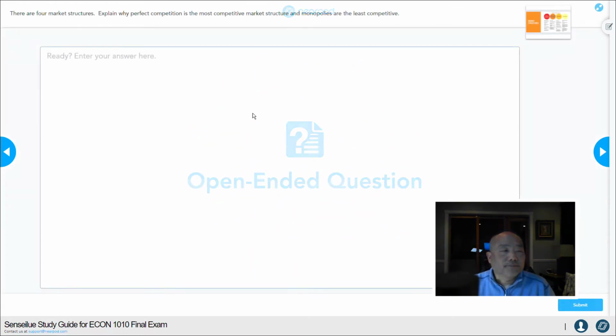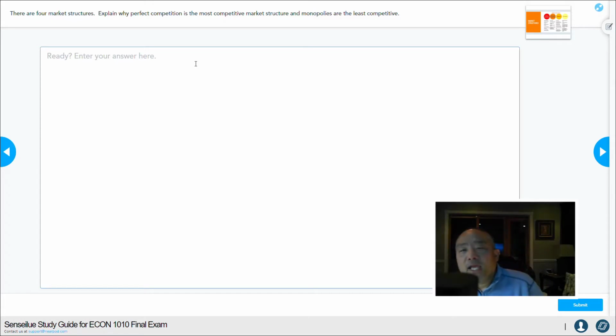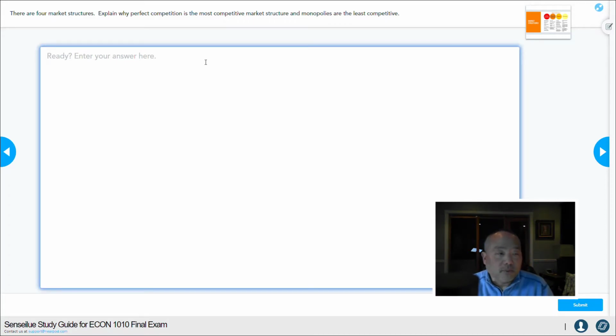Another question? There are four market structures. Explain why perfect competition is the most competitive market structure and why a monopoly is the least competitive. Okay. Pretty simple. Perfect competition is many firms selling the same product or service at a low price. They are price takers.